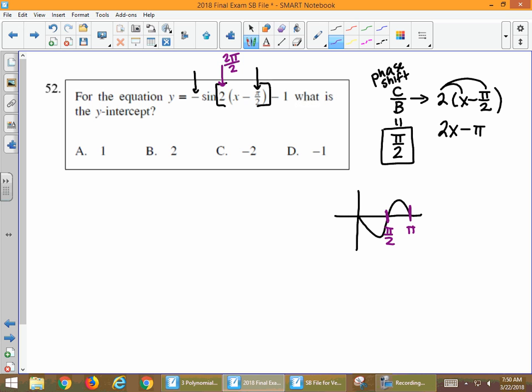Here our phase shift is pi over 2, so we're going to deal with this minus pi over 2 by moving pi over 2 to the right. So we would pick this whole graph up and move it pi over 2 to the right.